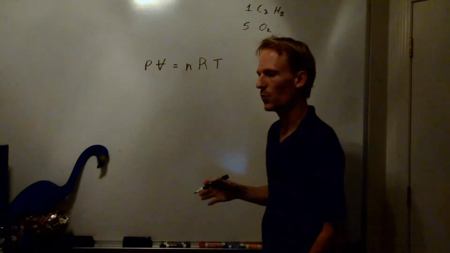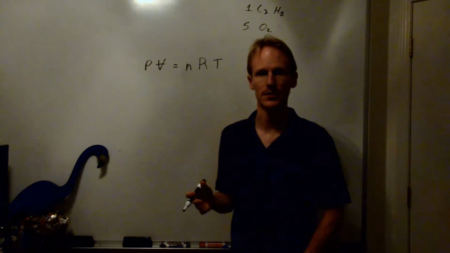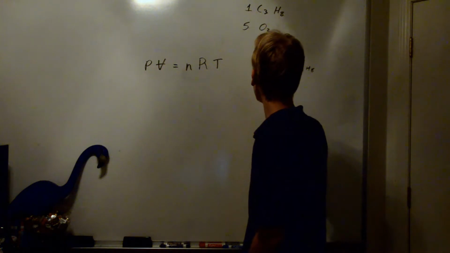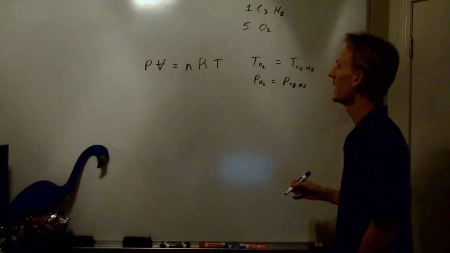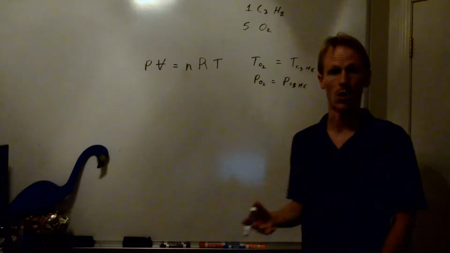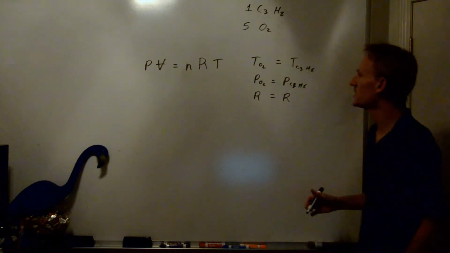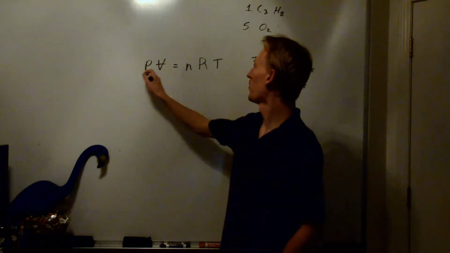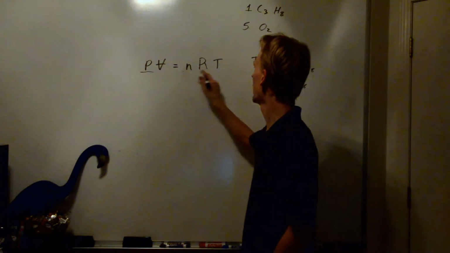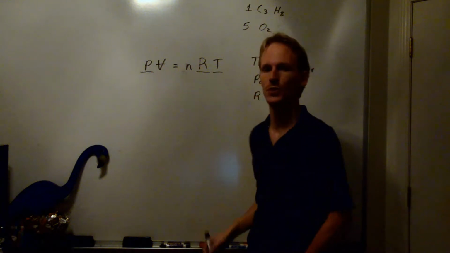In this case, we're going to assume that both of our gases are at the same temperature. Our pressures will both be atmospheric pressure, and the ideal gas constant is constant for all gases. So our pressure is the same for both materials, our gas constant is the same, and our temperature is the same.